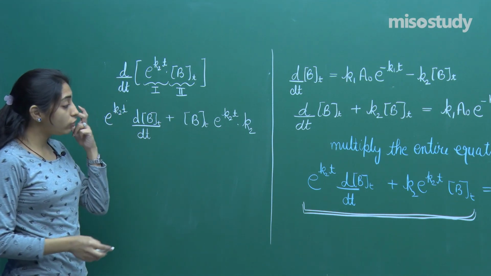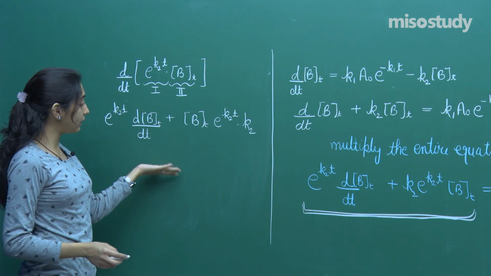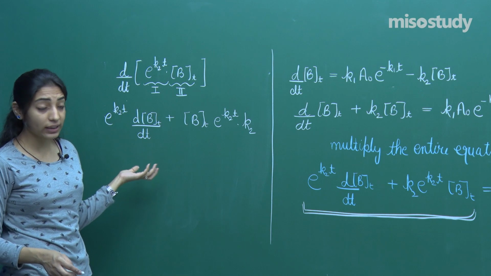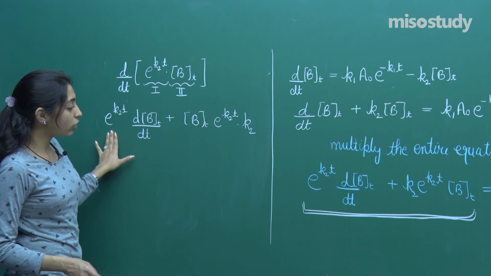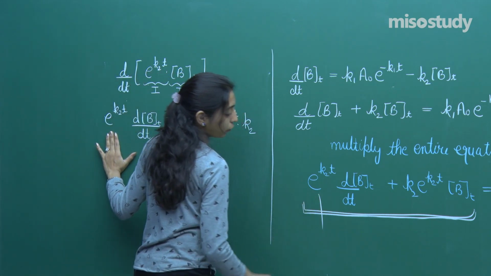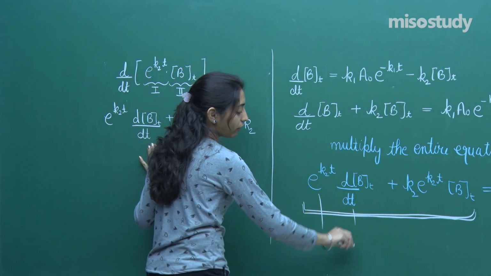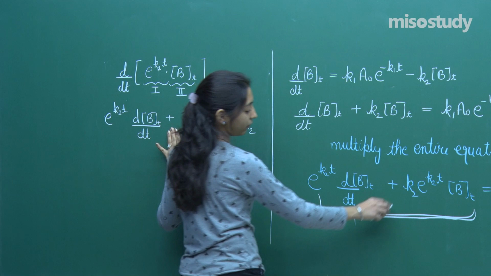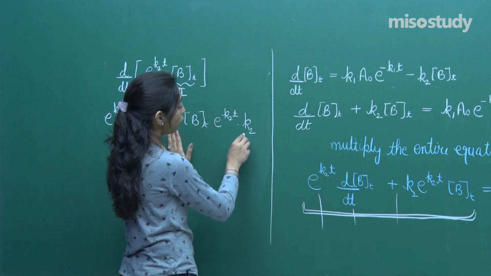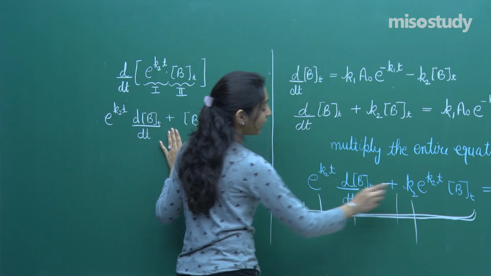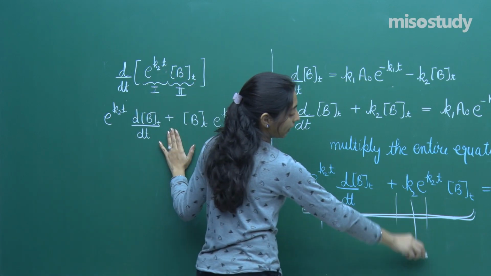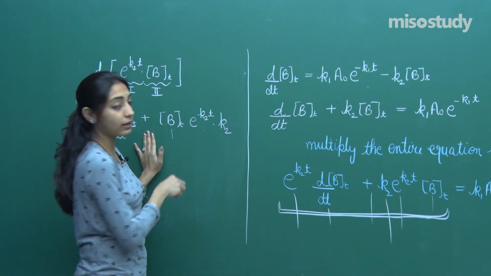Now let's try to check whether the left hand side of this equation is matching with the left hand side of the other equation. We have e raised to the power k2t, e raised to the power k2t. We have db by dt, we have db by dt. We have a plus sign, we have a plus sign. We have a k2, we have a k2. We have e raised to the power k2t, e raised to the power k2t. We have B at time t, we have B at time t.